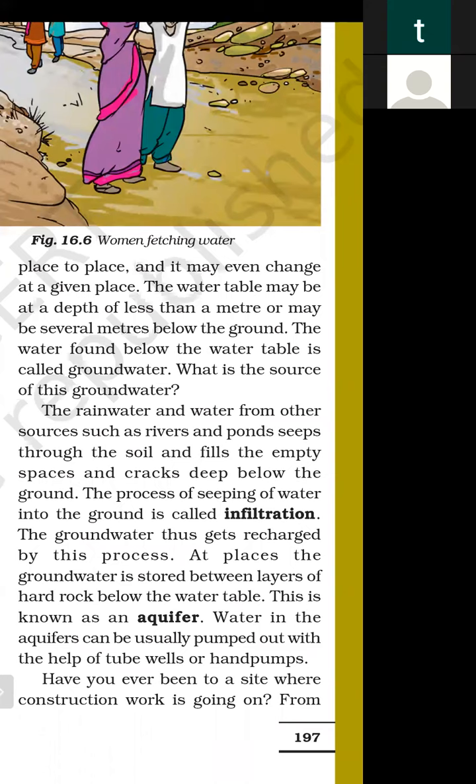Rainwater and the water from rivers, ponds, and lakes goes in a downward direction by seeping. What is seeping? The soil absorbs the water, and that absorbed water goes in a downward direction. That process is known as seeping.